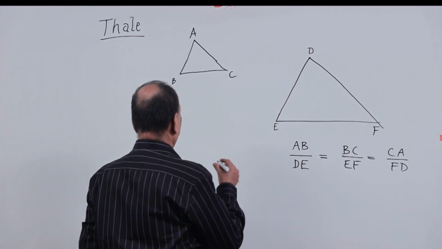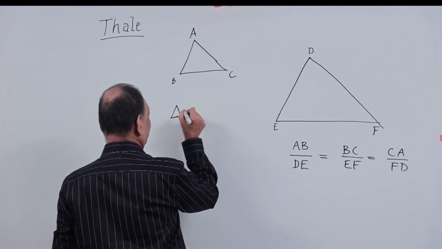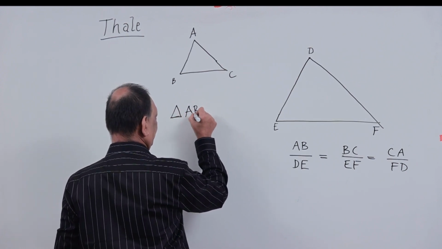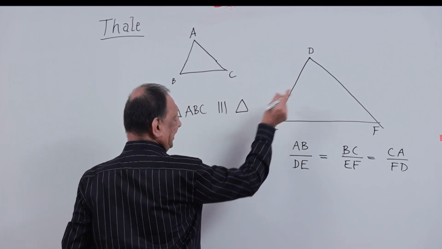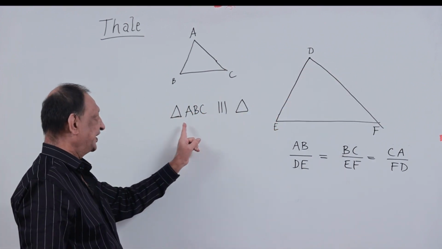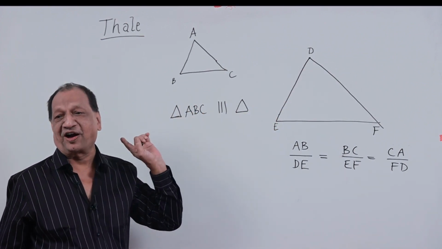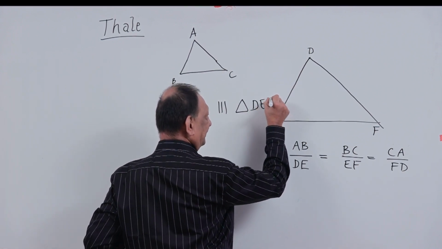That means when you say I've got a triangle ABC is similar to the other triangle, I'll write the vertices in the same order of the angles that I have got. So we write that as similar to DEF.